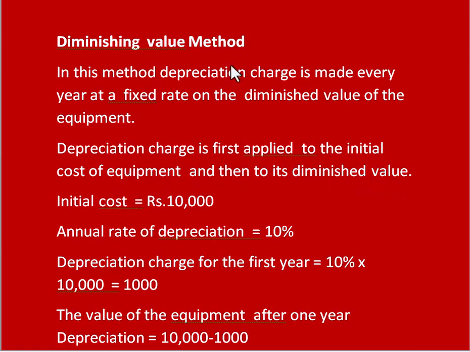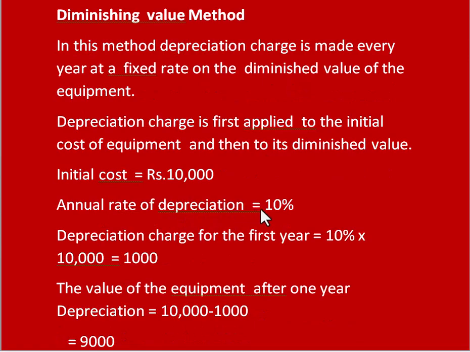So to understand this method, let me take first a numerical, then we go to the mathematical analysis for this diminishing value method for depreciation calculation. So the initial cost of the equipment is 10,000, and the annual rate of depreciation is 10%.